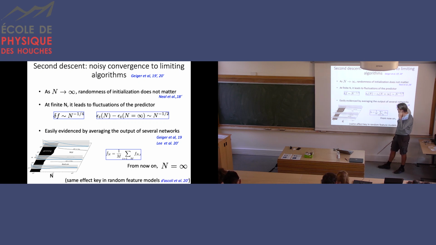A simple way to evidence that this is a key effect on real data is to eliminate it. If those are fluctuations that are induced by the random initialization, a very simple operation you can do is, instead of looking at one network, you look at many networks and you do a democracy, right? So for example, you average the output. You take m averages and you take m much larger than 1.